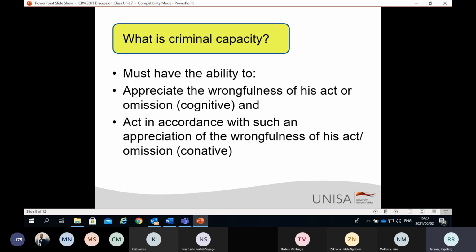What did he perceive? How did he see the situation subjectively? So make sure that you don't confuse those two concepts, the ability to appreciate wrongfulness and what is called mistake relating to a ground of justification, which we'll cover when we deal with intention.